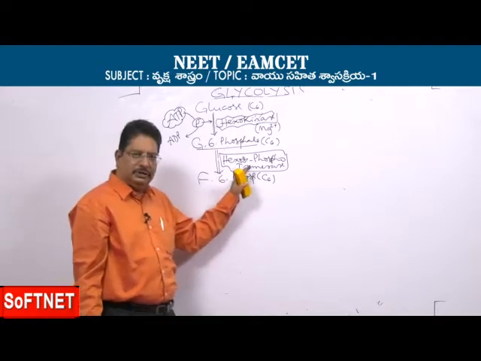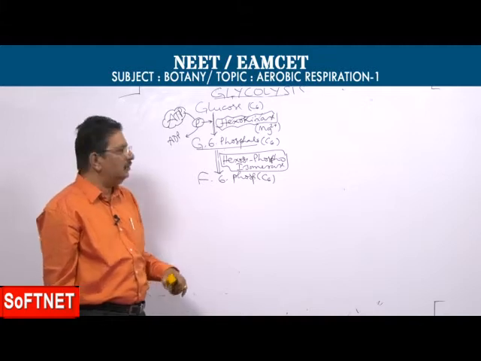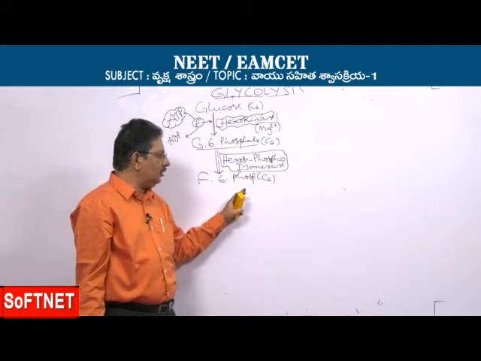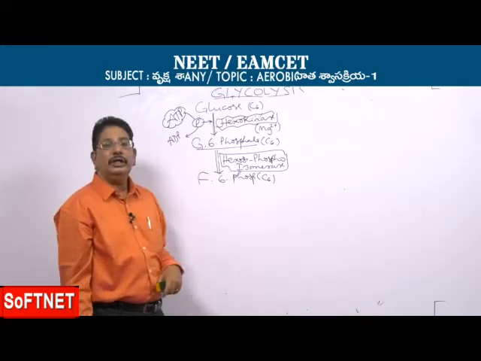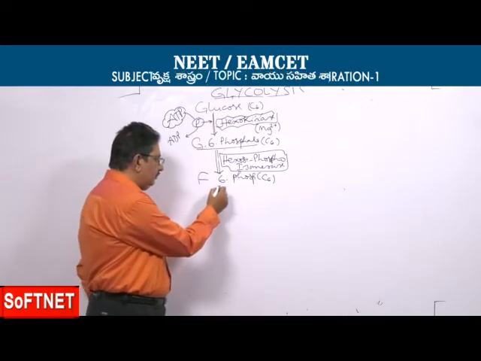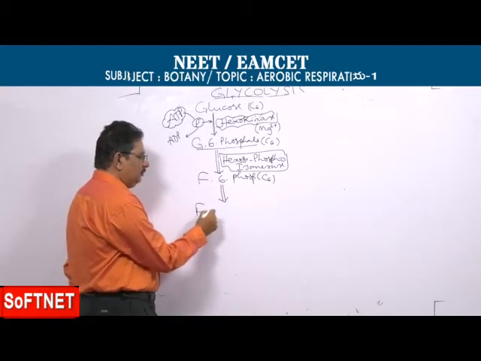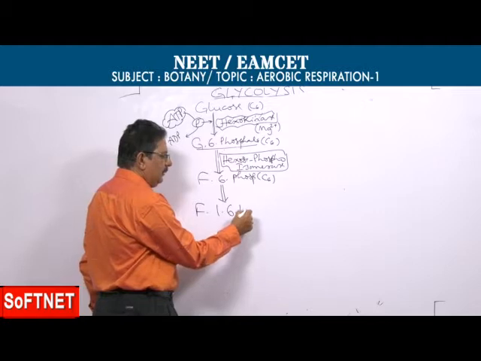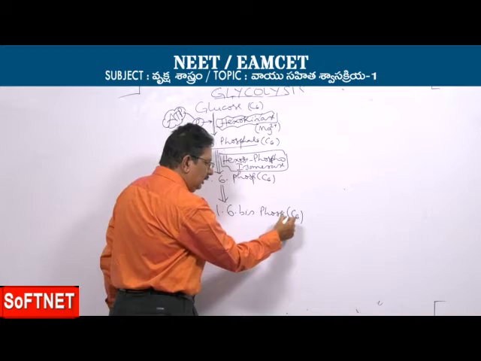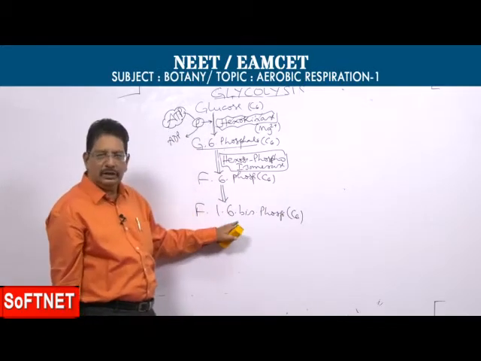In the presence of this enzyme, there occurs the second reaction in glycolysis, which reads glucose 6-phosphate converts into fructose 6-phosphate in the mediation of hexose phosphoisomerase. So, this fructose 6-phosphate is converted into fructose 1,6-bisphosphate. So, another intermediate is formed with 6 carbons and 2 phosphates.